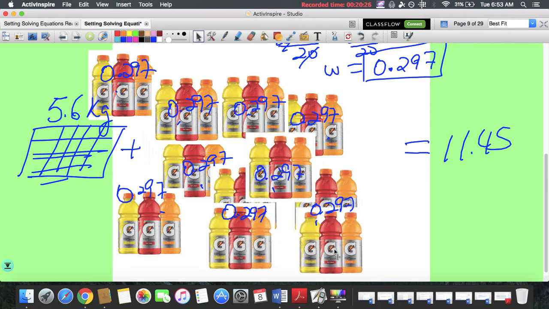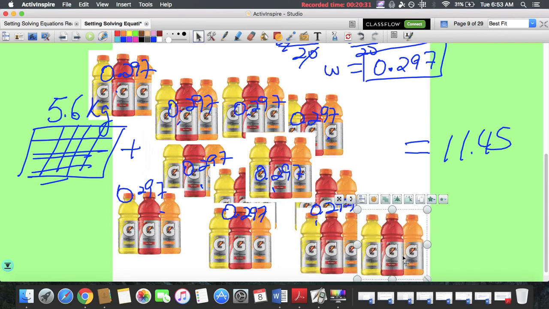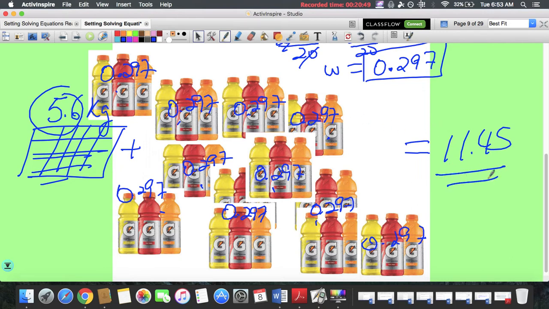There's 20 Gatorades, and each Gatorade weight is 0.297. So if I were to do 5.6, the box now with the crate at the bottom, plus 0.97 plus 0.297 plus 0.297 plus 0.297, 20 times, it's going to give me a total of 11.45.